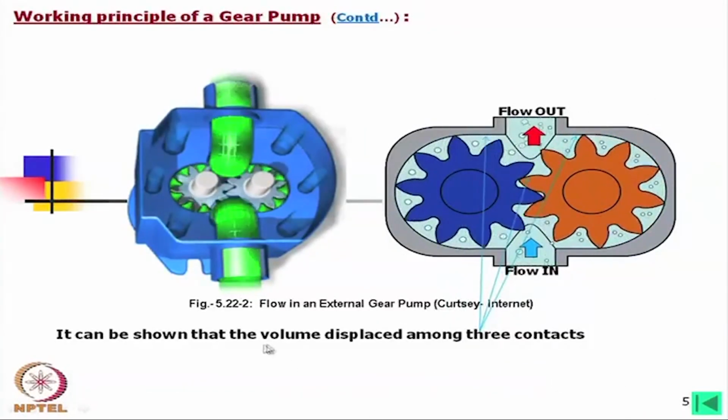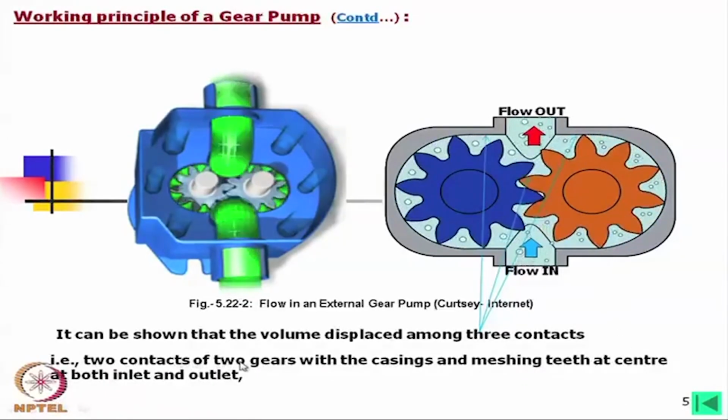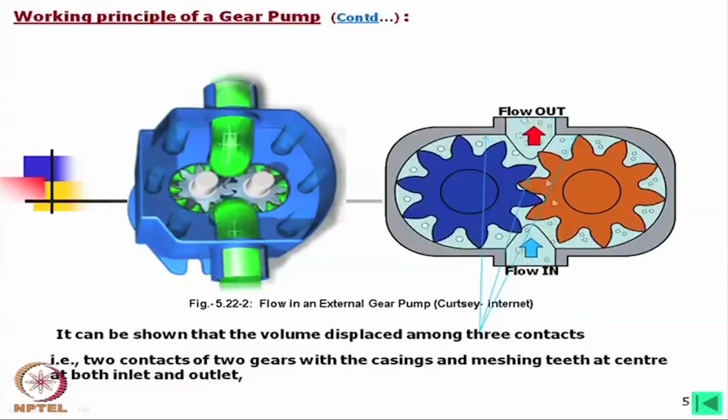It can be shown that the volume displaced among three contacts, one contact is here, another contact is here, and another contact is here, and then two contacts of the two gears with the casing and meshing teeth at the centers at both inlet and outlet.